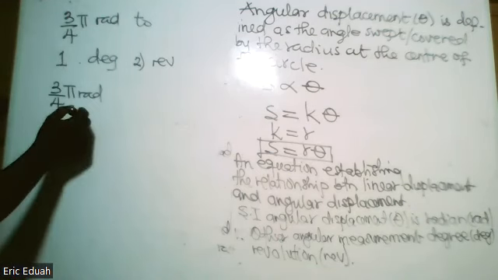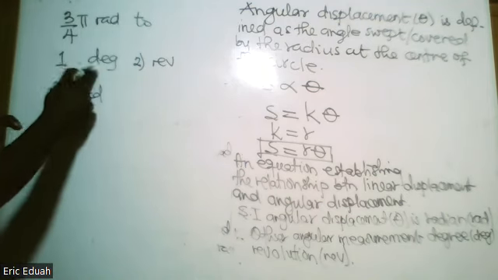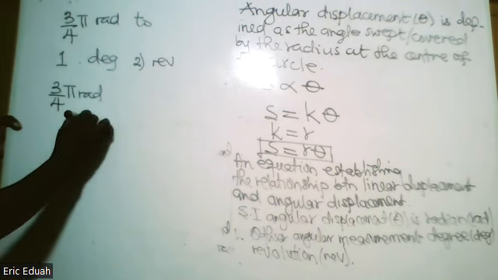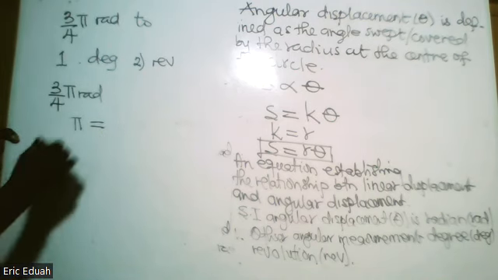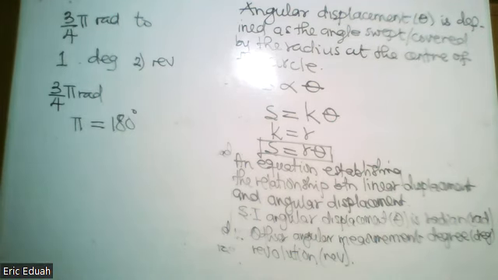Okay. All right. The quick way of converting this to degree is that I know pi is equal to 180 degrees.